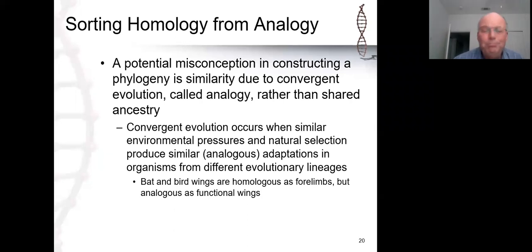And bats' wings and birds' wings, under those circumstances, are forelimbs attached to a pectoral girdle and are therefore homologous structures derived as modifications from a common terrestrial tetrapod limb form.